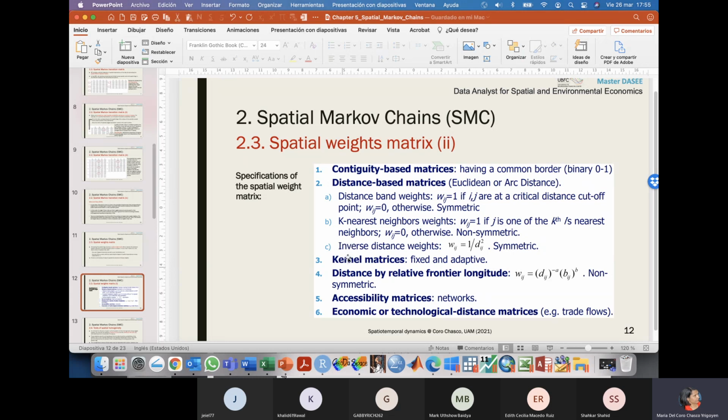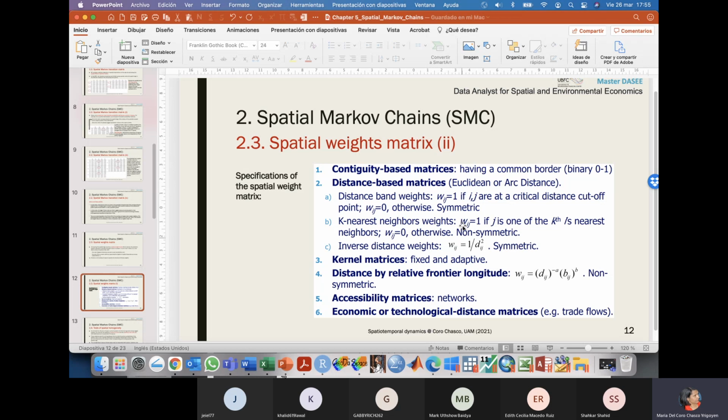Sometimes you can combine these inverse distance weights, which is more or less a gravitational expression based on the gravity model, because we set this weight as the inverse of the distance, the squared distance, or only the distance. It depends on the importance that you give to the distance among units.